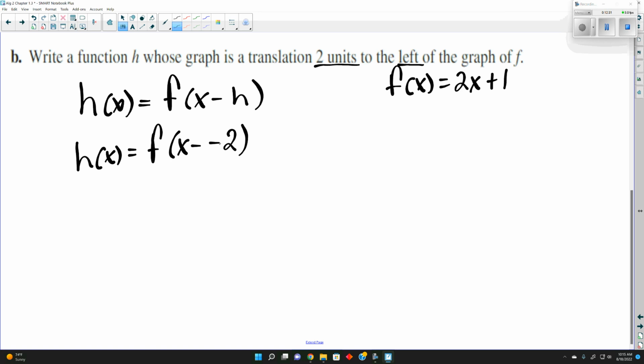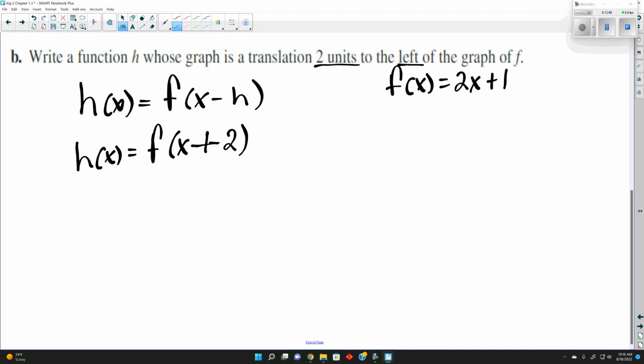Because when we talk about moving left, it is going to be a -2. So we have f of x minus -2. But do we talk about a negative negative? It's a positive. So if you want to, really we could switch that over to plus.